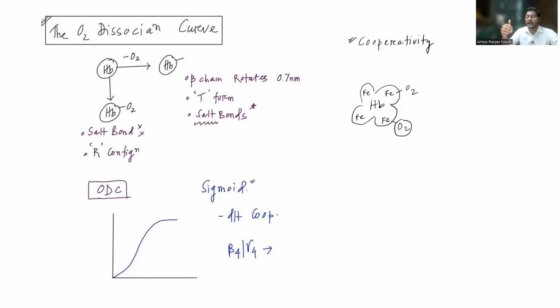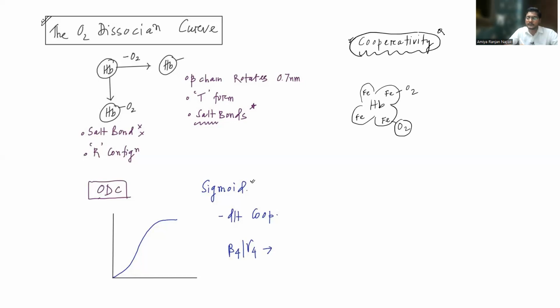Similarly, when you take out 1 oxygen from one of the monomers, the other monomers also will reduce their oxygen affinity. So if you give 1 oxygen, it is easy to oxygenate the other monomers, and if you remove 1 oxygen, it is easy to remove the other oxygens from the other monomers. This is known as the phenomenon of cooperativity.